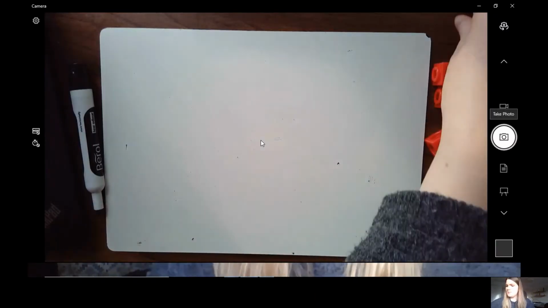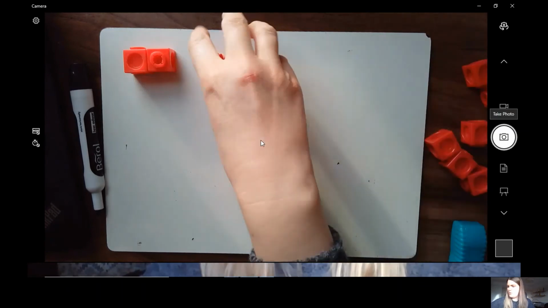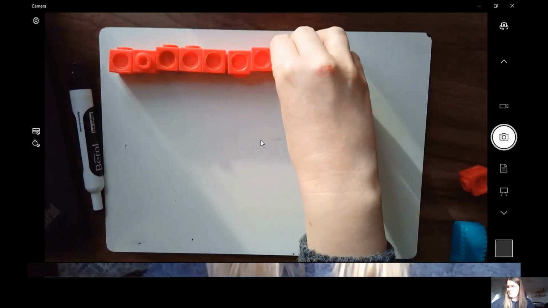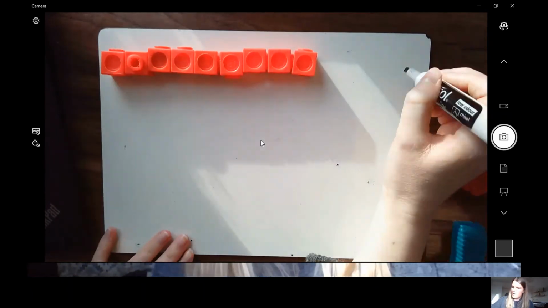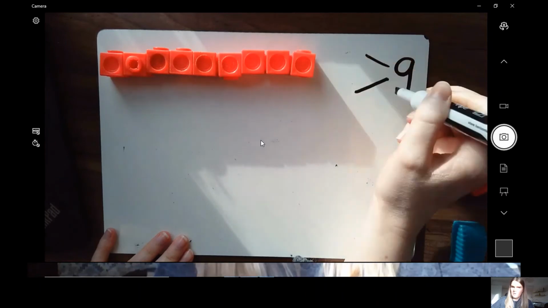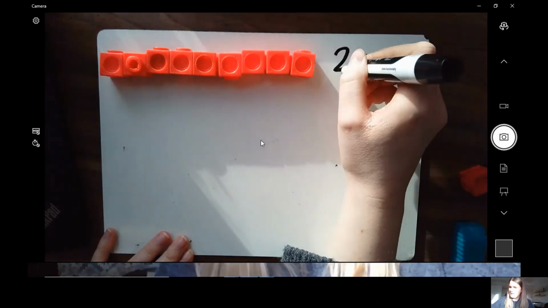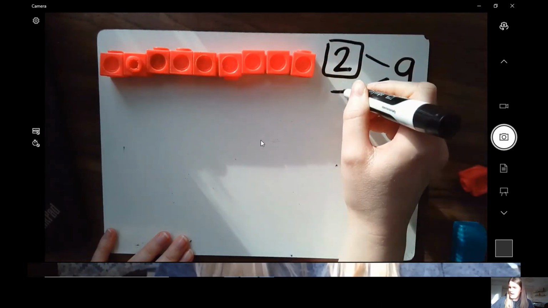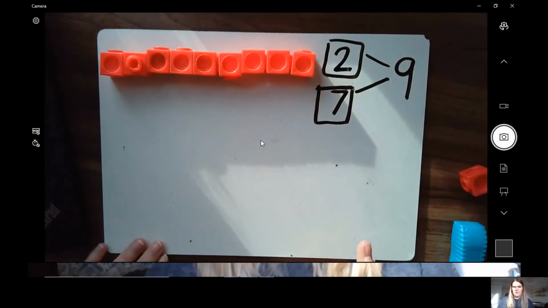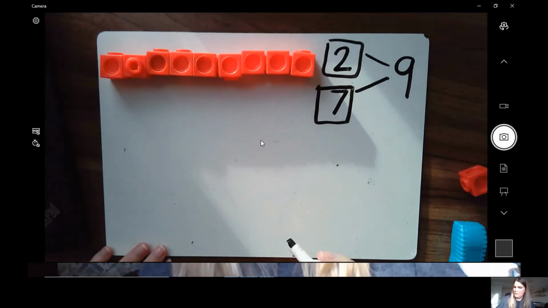So I'm going to get 9 cubes. 1, 2, 3, 4, 5, 6, 7, 8, 9. So my main number is 9. And what two numbers was I using for it? We were using 2 and 7. Perfect. So let's see if we can solve this equation.